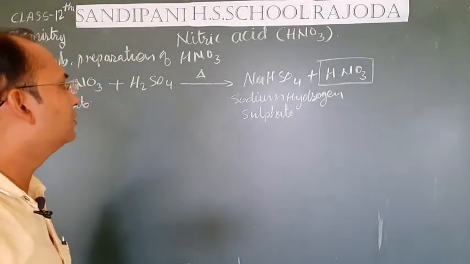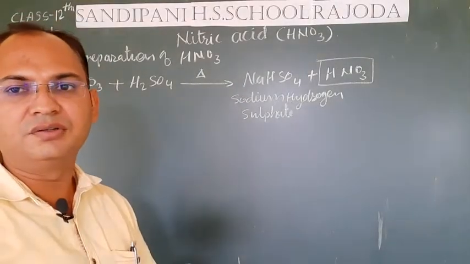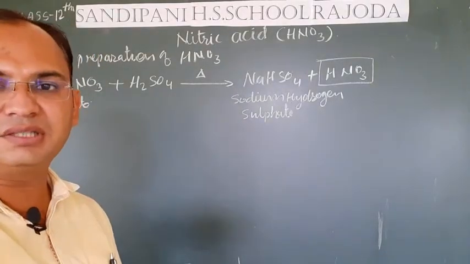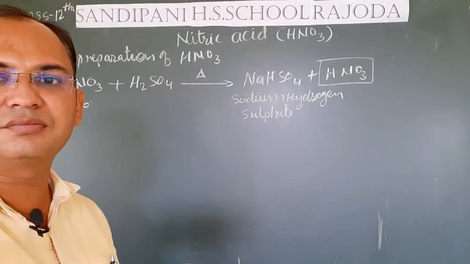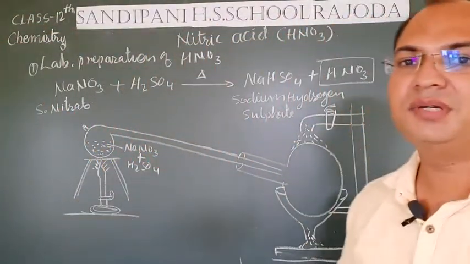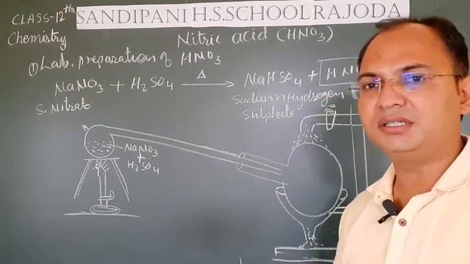Let's see the setup or the diagram for this reaction, how this reaction takes place and which type of vessels are required for this. See students, this is the arrangement of the apparatus to prepare nitric acid in the laboratory.